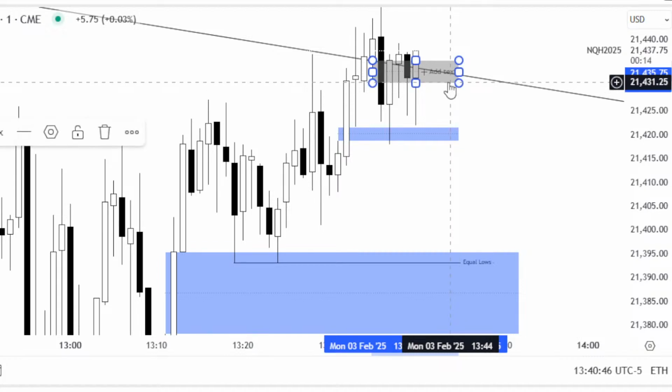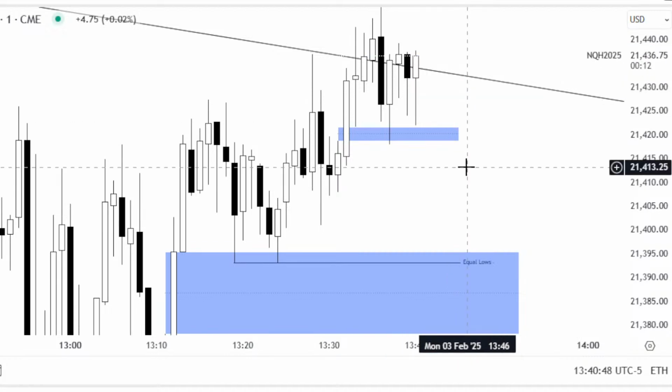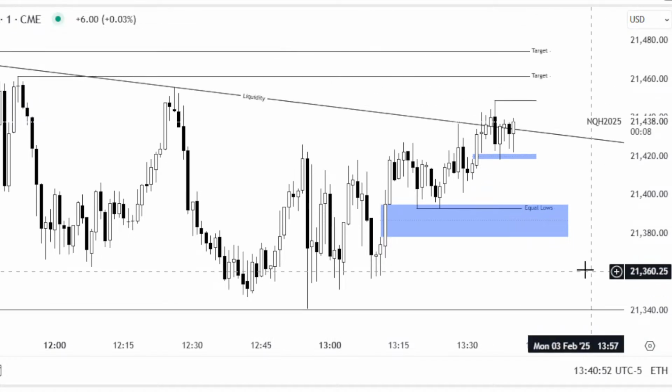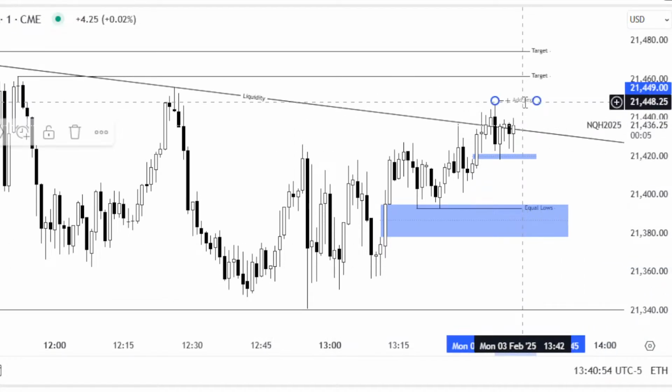Okay, so obviously this wick is no longer valid for us. I'm going to take that off.